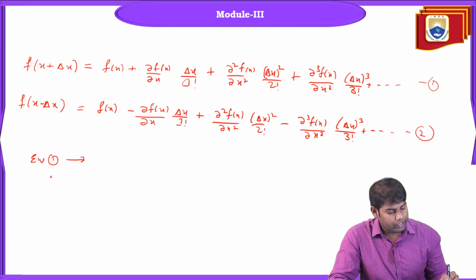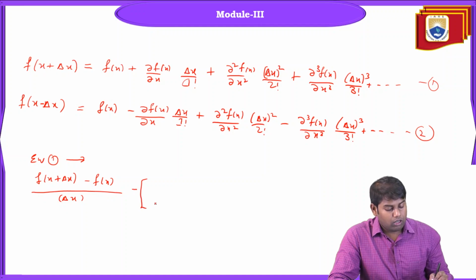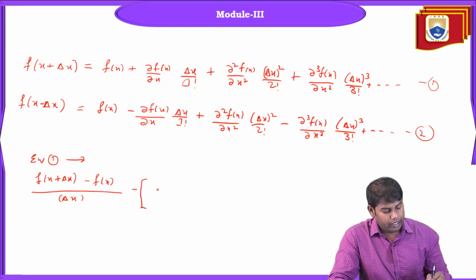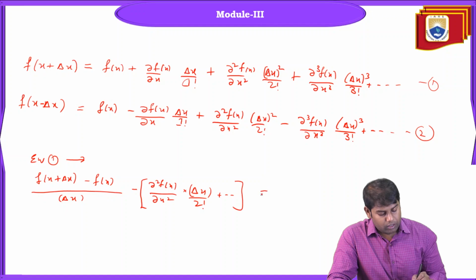If we rearrange, we get f of x plus delta x minus f of x, divided by delta x, minus dou square f by dou x square into delta x divided by 2 factorial, plus so on, is equal to dou f by dou x.